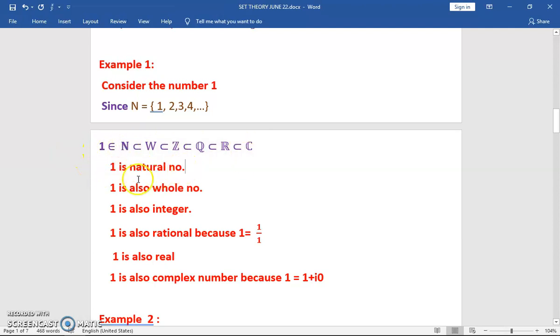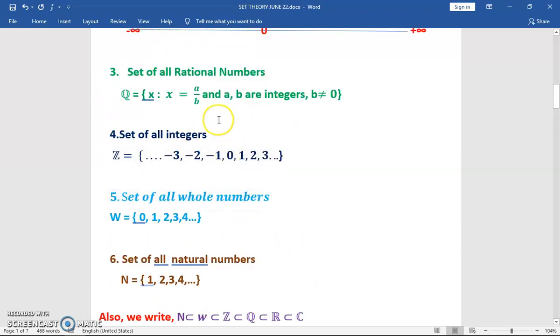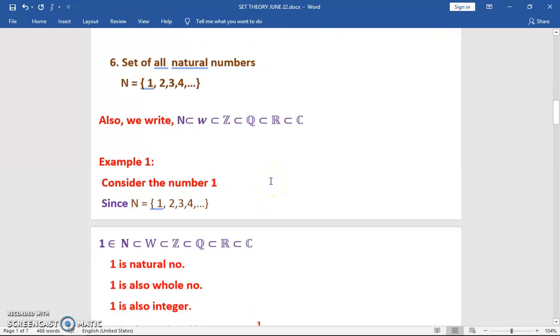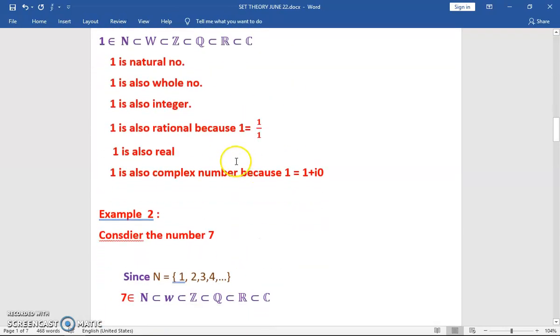So 1 is a natural number, 1 is also a whole number, 1 is also an integer, 1 is also a rational number, because 1 can be written as 1 by 1. This is the definition we saw: a number of the form a by b is a rational number. So 1 is also rational, and it is also a real number. It's also a complex number, because 1 can be written as 1 plus i0.